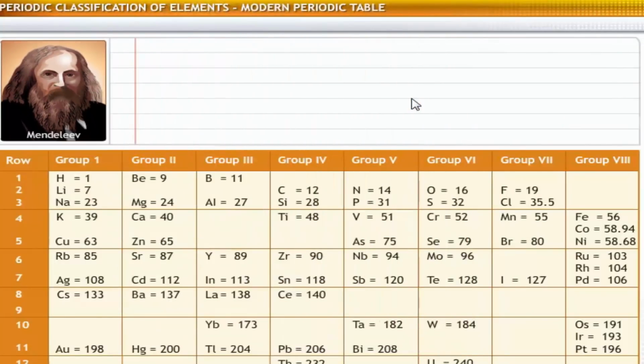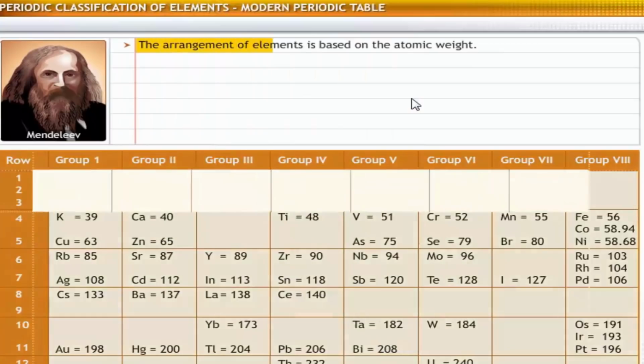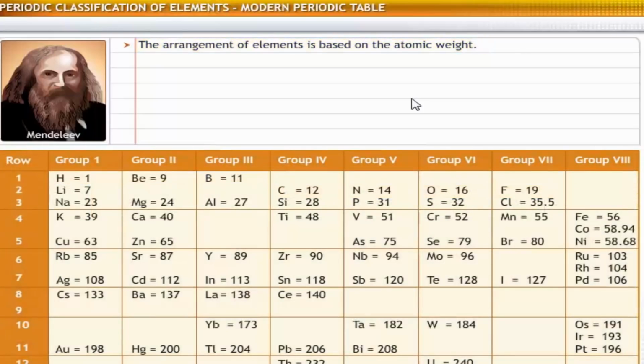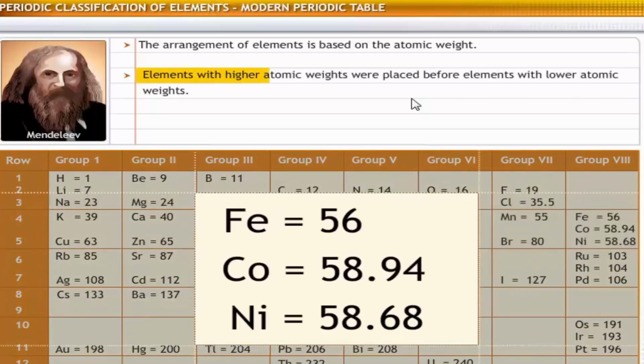Mendeleev's periodic table was intended to illustrate the arrangement of elements using atomic weight as the basis of classification. However, this arrangement showed some anomalies, like elements with higher atomic weights were placed before elements with lower atomic weights.